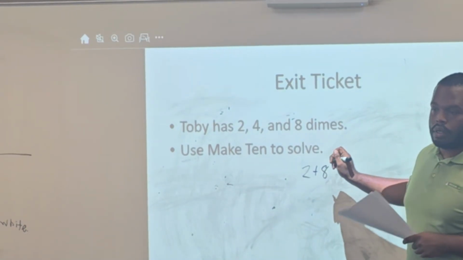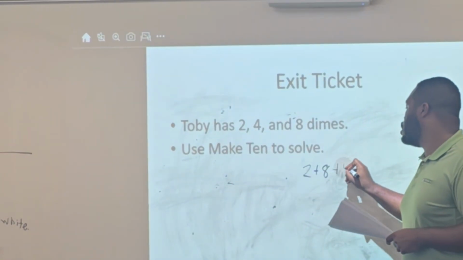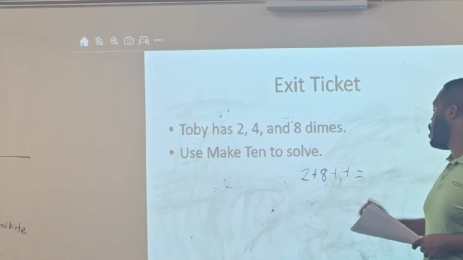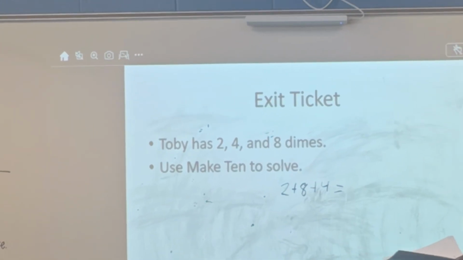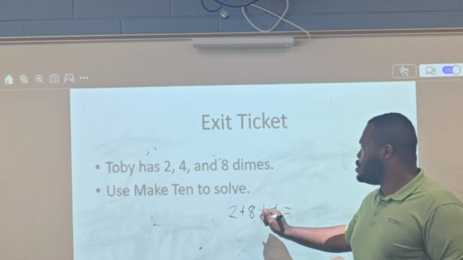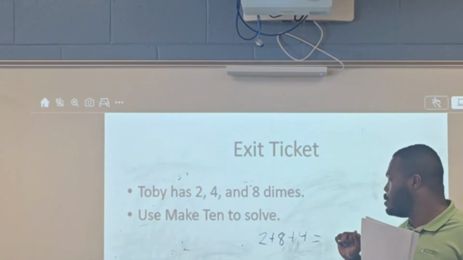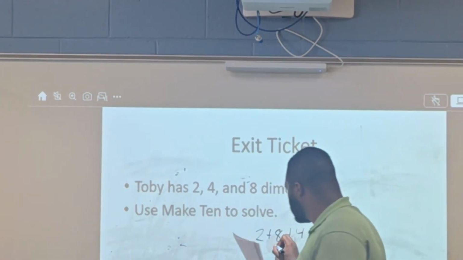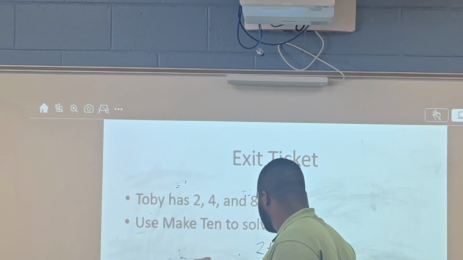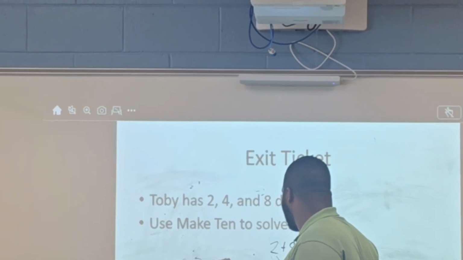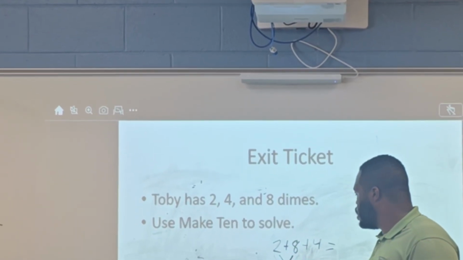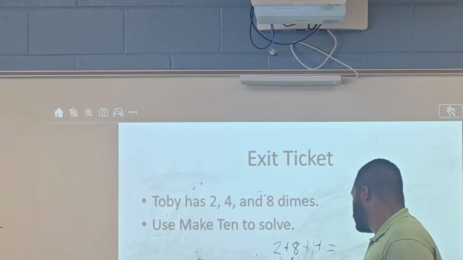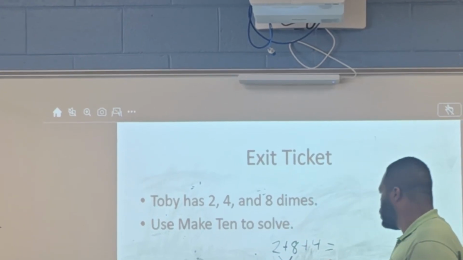I'm missing a number. 4. 14. So if I'm doing it like this, what do I do next? You need to add up the 8 and 2. What does that give me? 10. It gives you the 10 plus the 4. And then bring down the 4, what does that give me? 14. Good job.